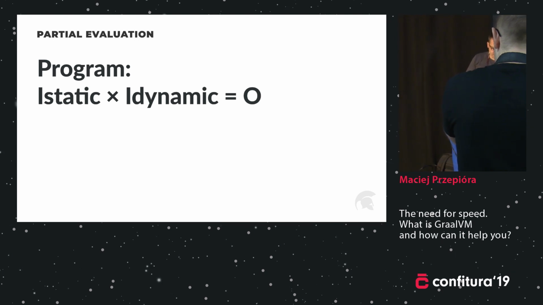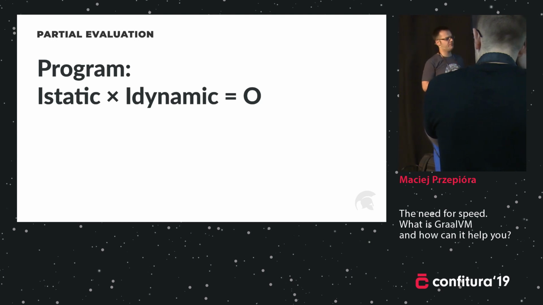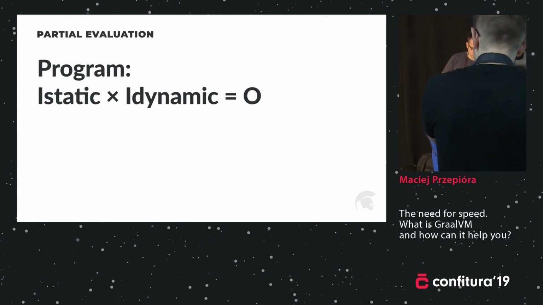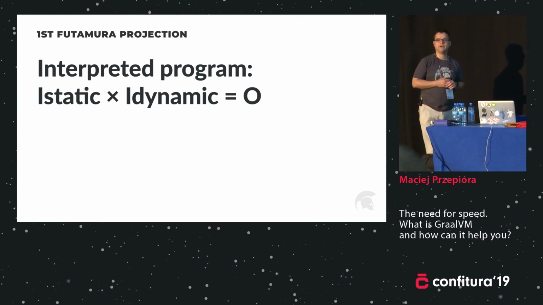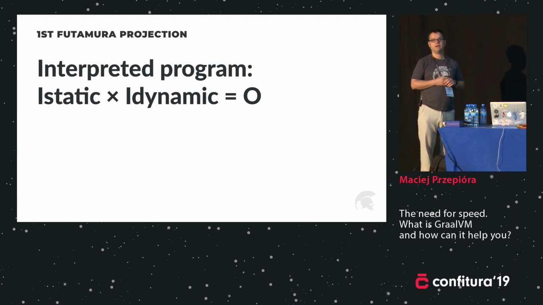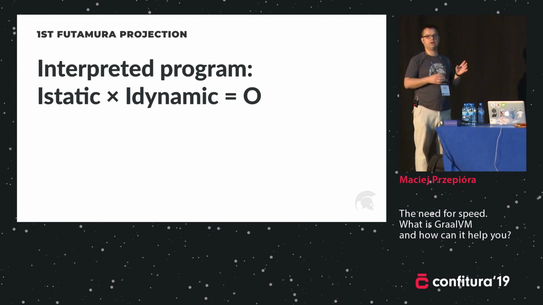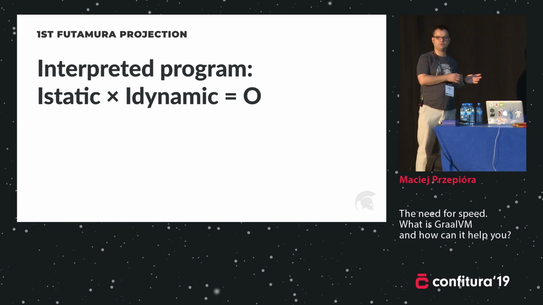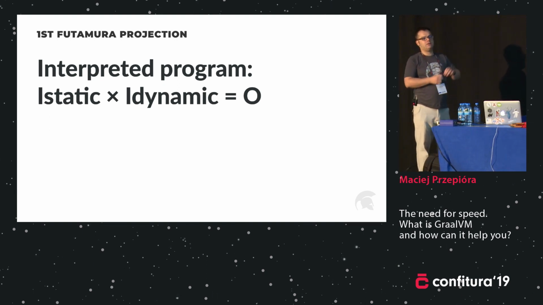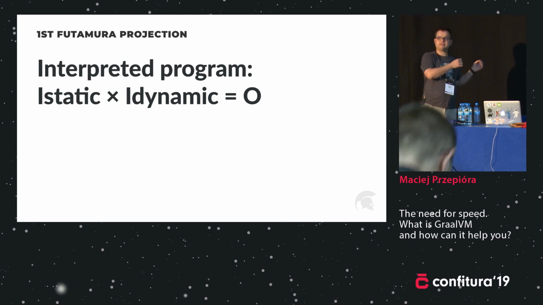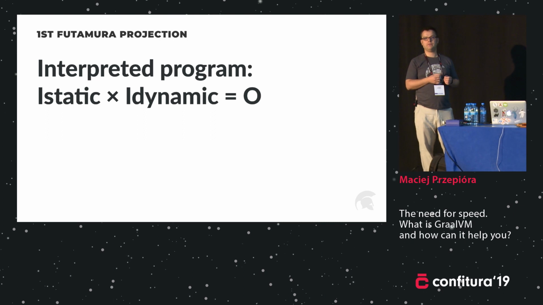But the interesting thing, and that's something that the Japanese researcher Futamura discovered, is that you can do the same thing with an interpreter, right? So let's say that your program is written in an interpreted language. You can treat this program as static data that is executed by the interpreter.